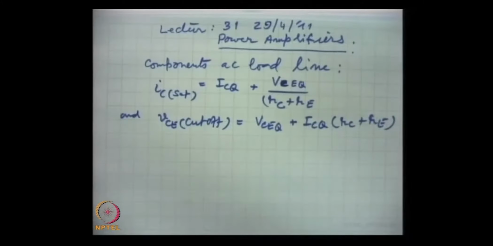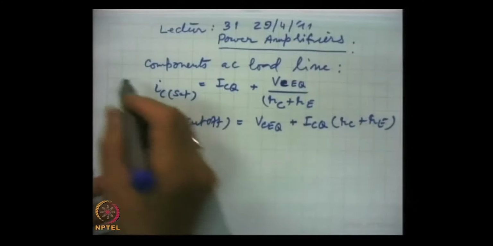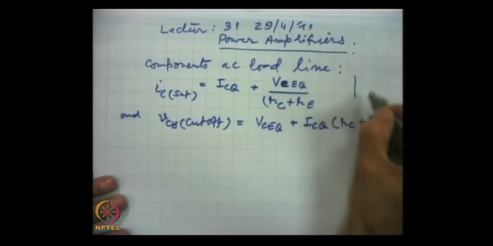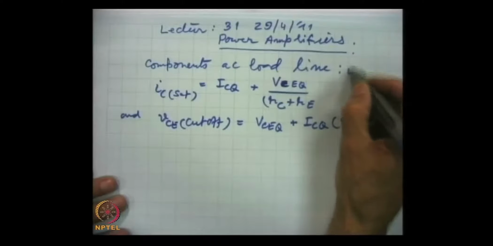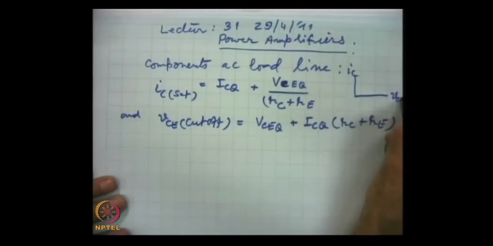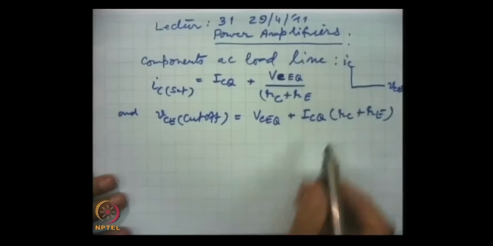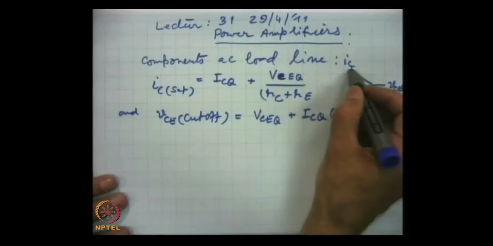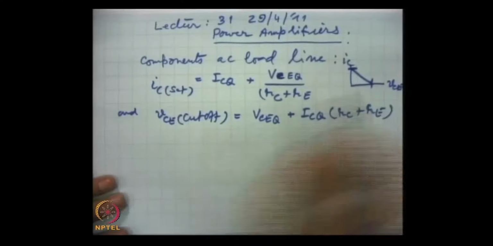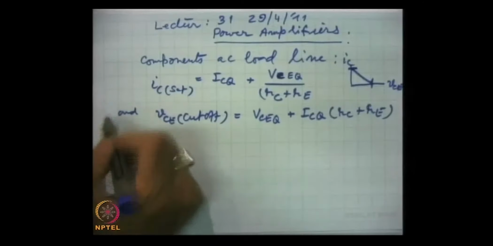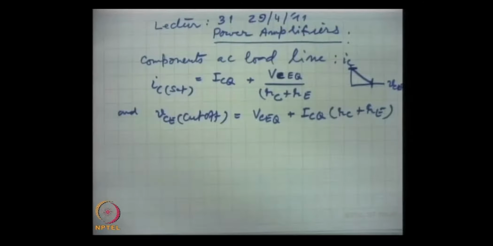These two expressions we got, and they represent the two extreme points of the load line. This is the saturation point, this is the cutoff point, and these two expressions were obtained.